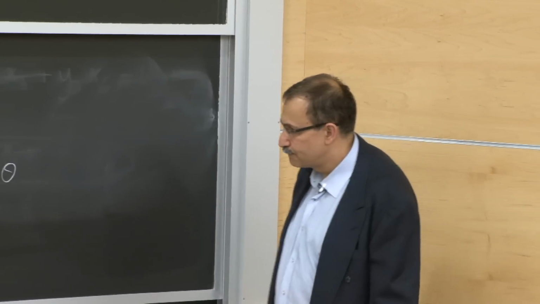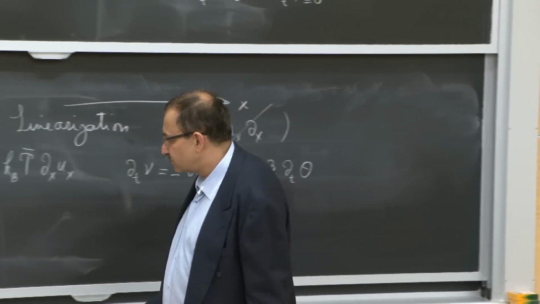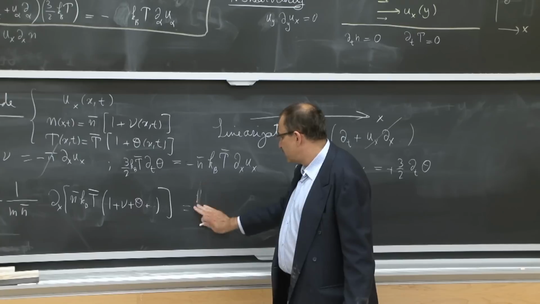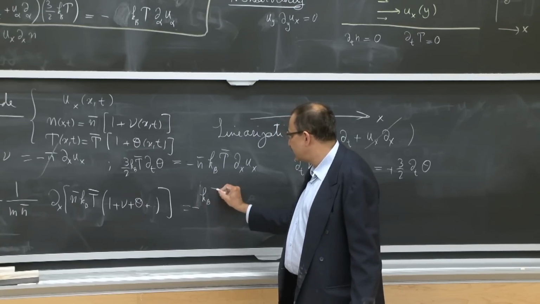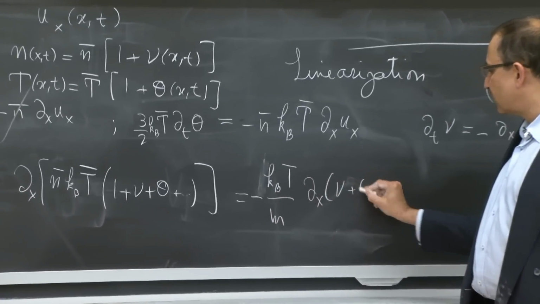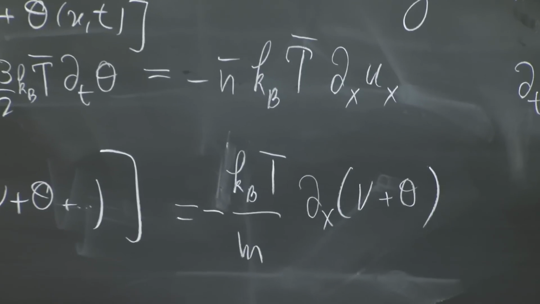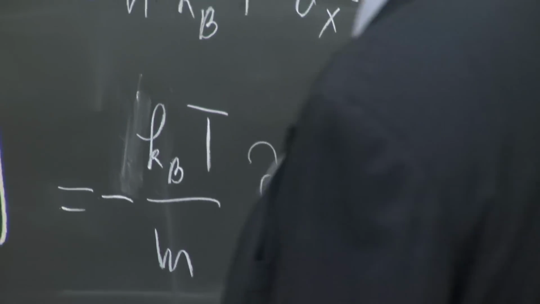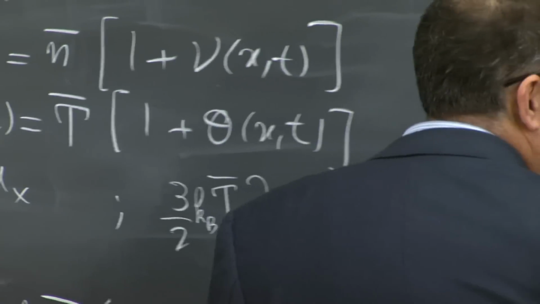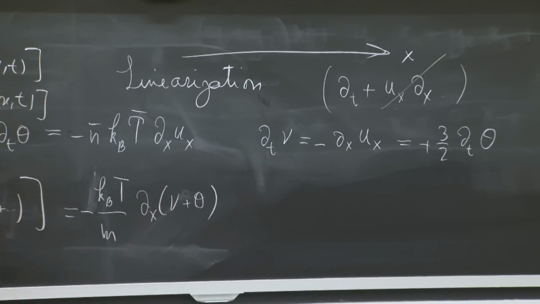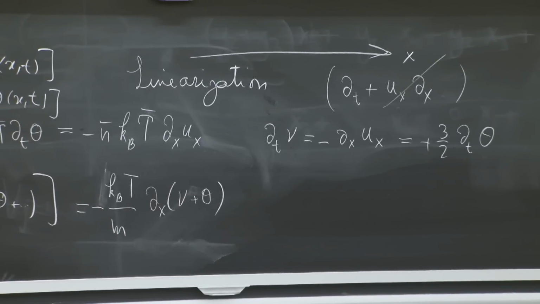Okay. So the n bar we can take outside. This becomes minus kb t over m, the space variations of nu plus theta. Now what I have here is information about the time derivatives of nu and theta, and here I have space derivatives. So what do I do?